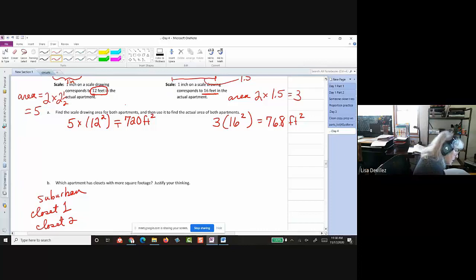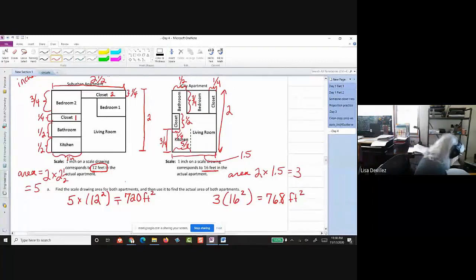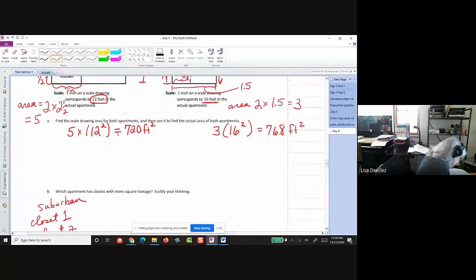I'll call this one 1, that one 2. So it's a 1/4 inch by 1 inch for that dimension, so 0.25 from that one.